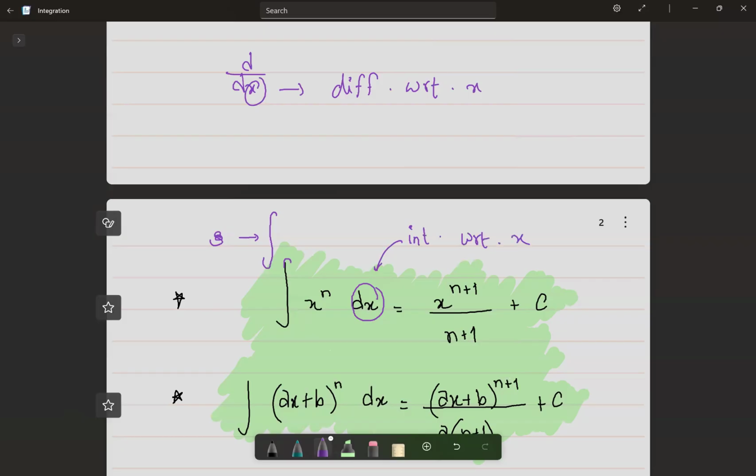If we had the integration symbol and a dy here, then it would mean integration with respect to y. If we have an x instead of y, it would mean integration with respect to x.